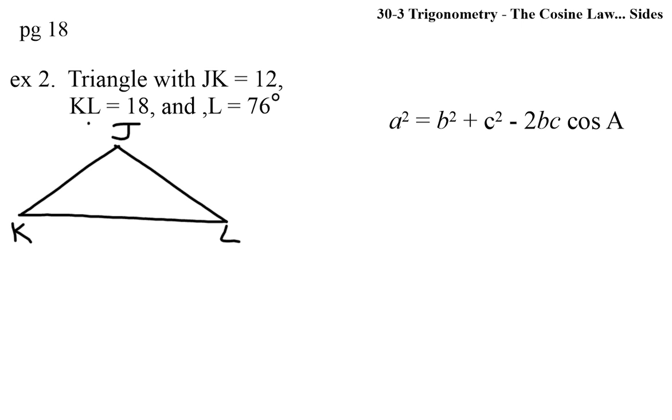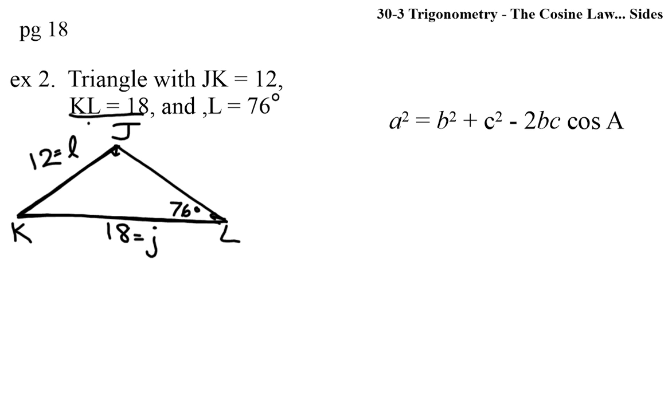So I have my vertices JKL, and it says JK is 12. So JK is 12, but that's also opposite angle L. So we can call that side L. And KL is 18. It's opposite angle J, so that's also side J. And the last thing we have is angle L is 76 degrees.